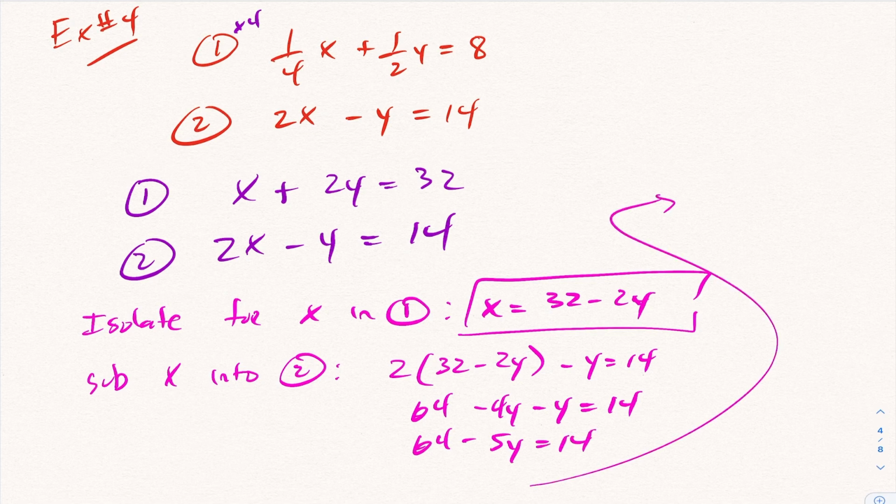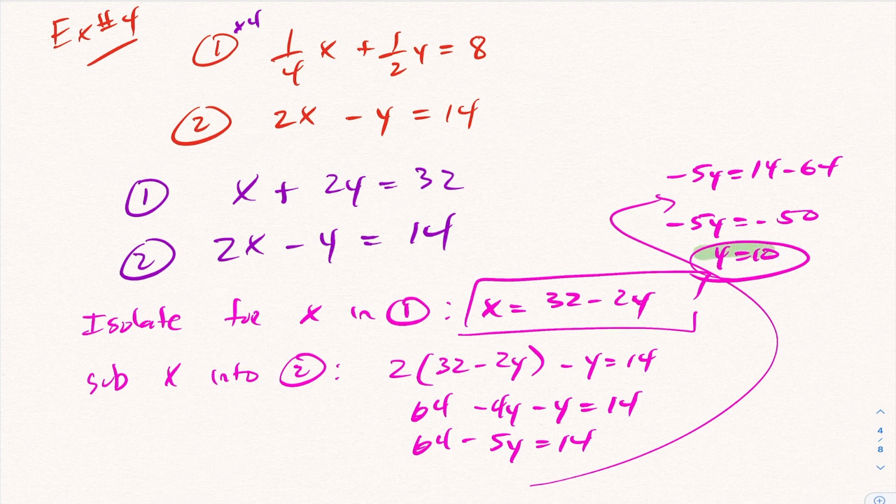Okay, let's go over here. So we end up getting negative 5y equals 14 minus 64. You get negative 50. So I'm getting here y is 10 for my y value, and then you can sub it in to find your x here. If I want to find my x value, again, you can sub it into your isolated equation.